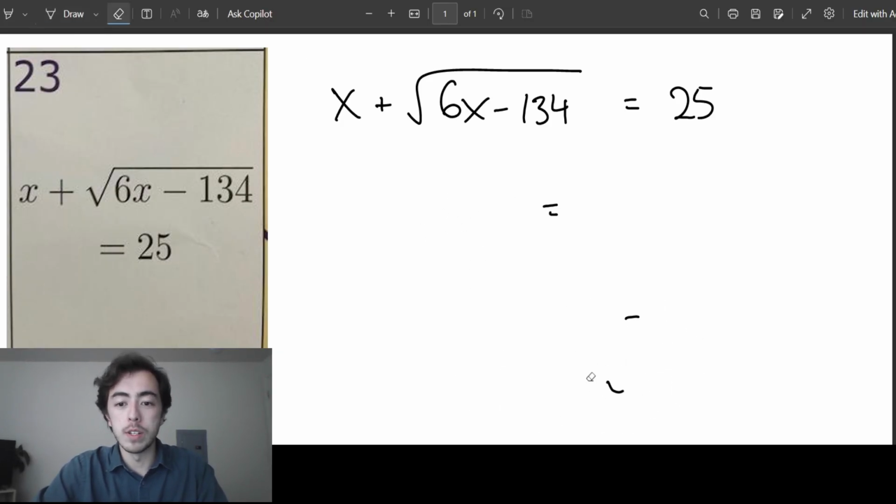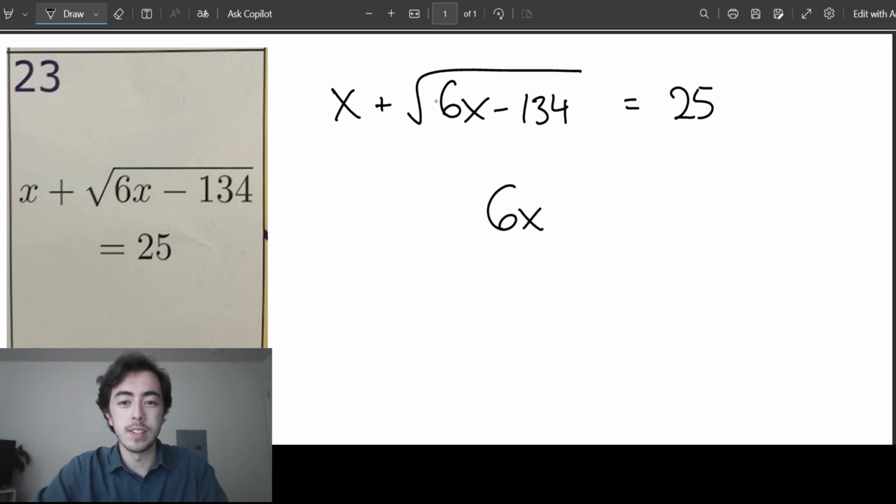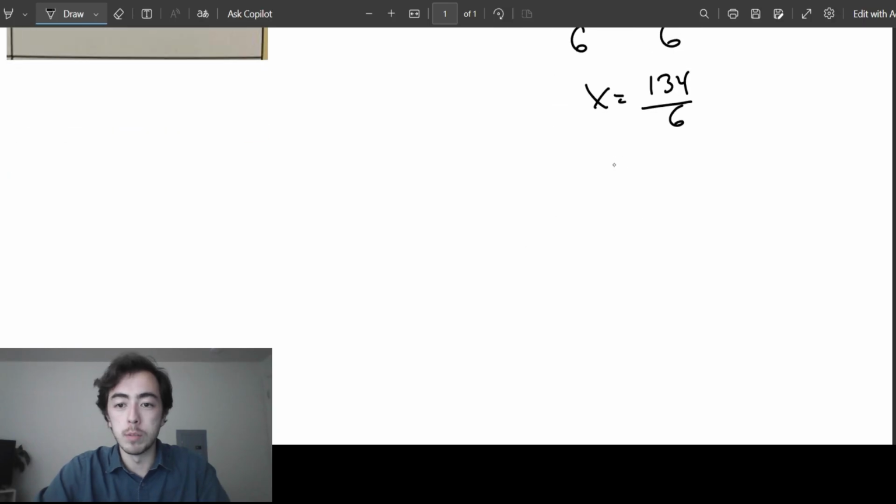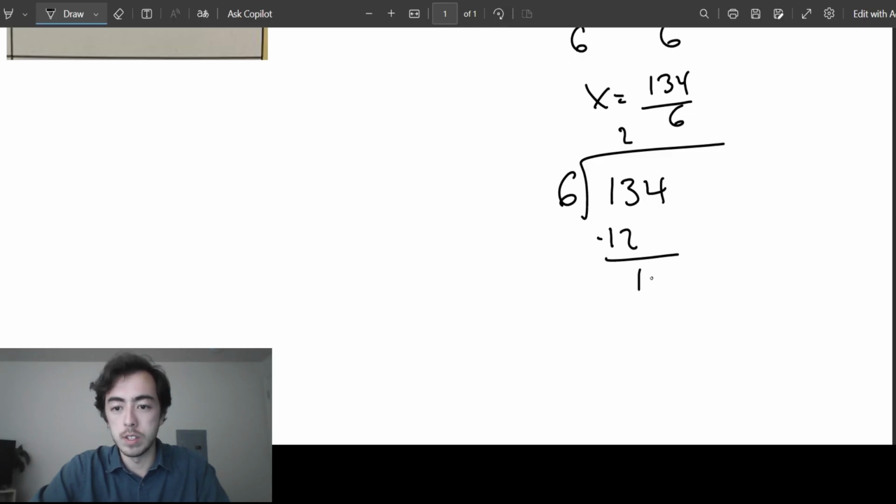So what I want to do right now is figure out what value of x causes this to become 0, because that will help inform me when this number could actually be square rootable. So 6x minus 134 equals 0 specifically when 6x equals 134. We could just divide both sides by 6, and do a little bit of long division to see what that number is. 6 goes into 13 twice, and then 6 goes into 14 twice again.